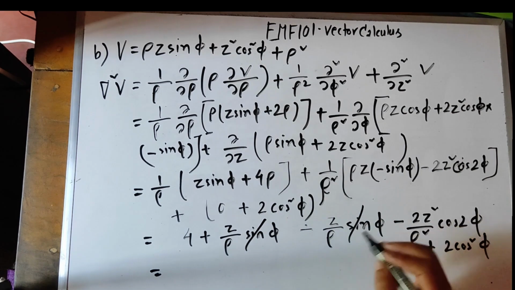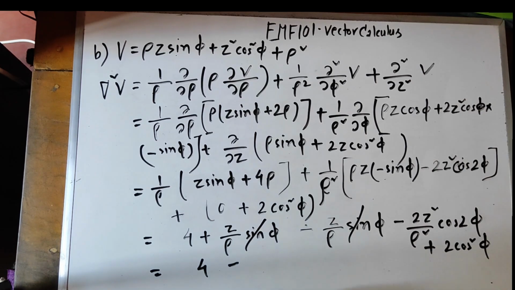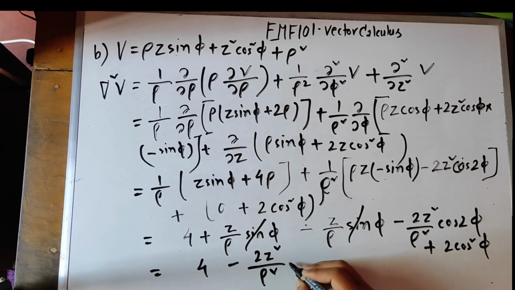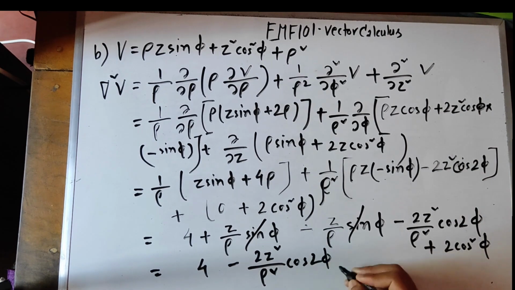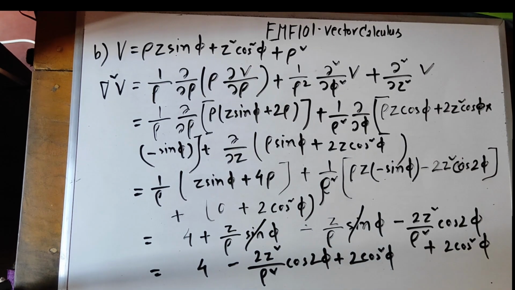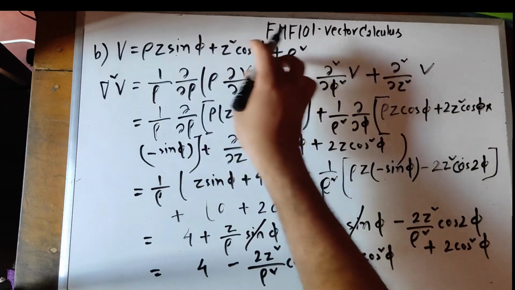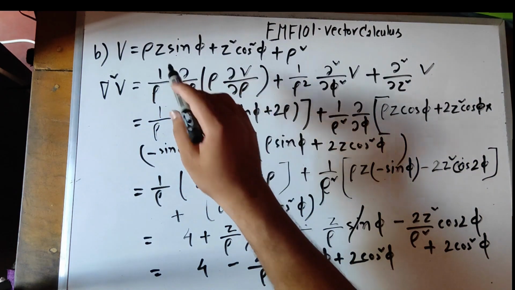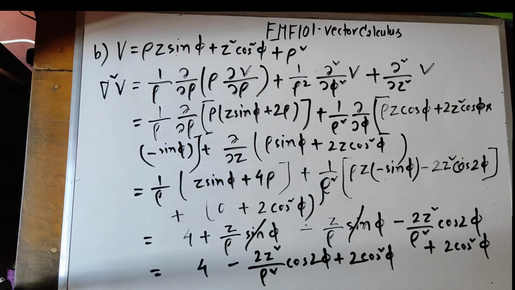Thus this and this cut out, so 4 minus 2z square by rho square cos 2 phi plus 2 cos square phi. So this is the answer, this is the Laplacian of the scalar field in cylindrical coordinate system. So Laplacian of the scalar field v is 4 minus 2z square by rho square cos 2 phi plus 2 cos square phi. This is the answer.